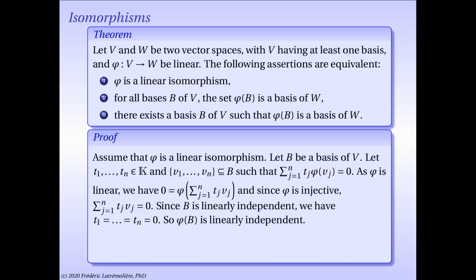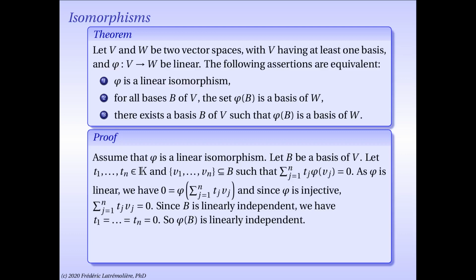I'm going to assume 1, that is, I'm going to assume that phi is a linear isomorphism from V to W, and I'm going to take B a basis for V. I want to prove that phi of B is a basis as well, so I need to prove first of all that it is linearly independent. So let T1 etc. Tn be scalars, and let V1 etc. Vn be a subset of B, such that T1 phi of V1 plus T2 phi of V2 plus etc. plus Tn phi of Vn equals 0.